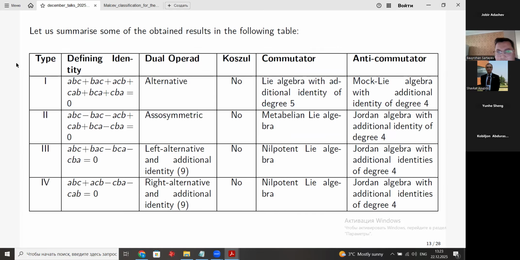And under anti-commutator, that's a Mokli algebra, but it's also nilpotent. Here we obtain under anti-commutator a Jordan algebra with some additional identities of degree 5, 6. It's not nilpotent. And these two algebras also have some additional identities, and these algebras are also not nilpotent.